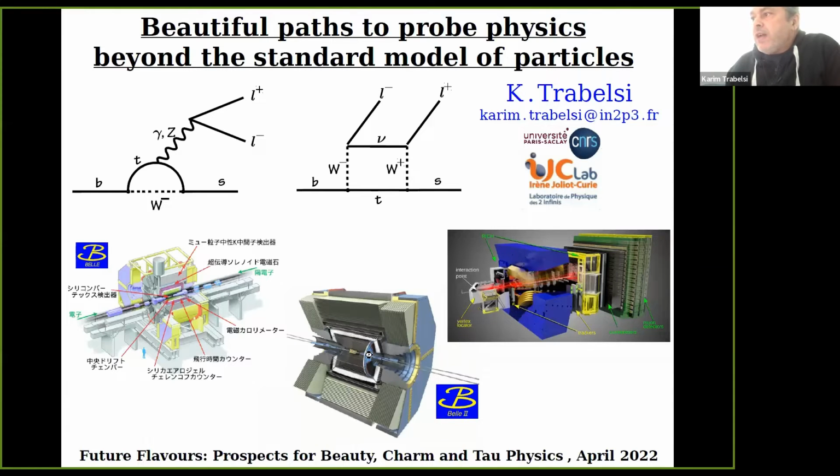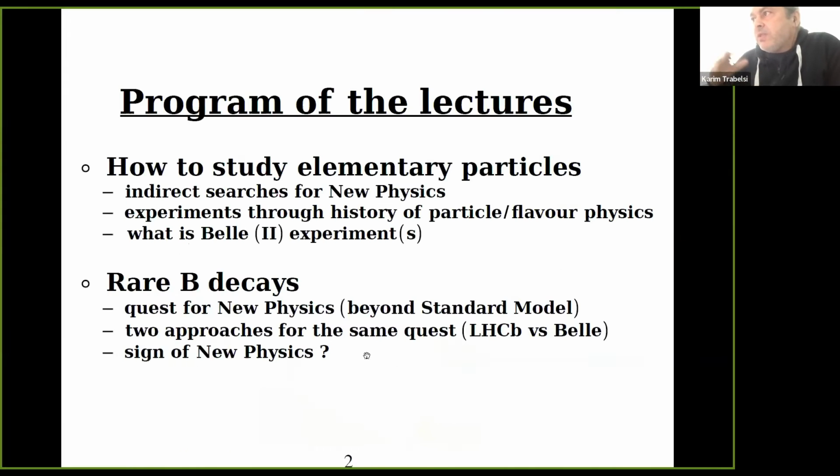If I summarize the lectures a bit, not necessarily in the order of the 4 lectures but just on the content, the idea will be to give a flavor of how to study elementary particles, and especially how to put together the different elements we need for an experiment on B physics.